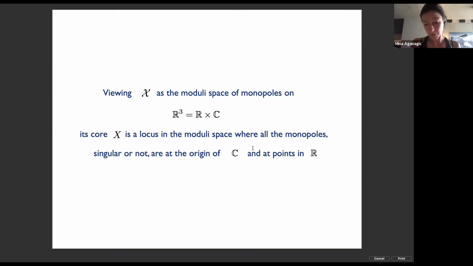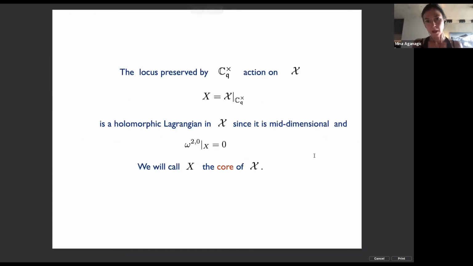The locus preserved by this action, the best way to think about it is as follows. If the X we started out with is the moduli space of monopoles on R3, the locus preserved by the C-star action, the locus we want to work with, is the locus in the moduli space of monopoles where all the monopoles, singular or not, are at the origin of C and at points in R. This locus is a holomorphic Lagrangian in X, which we'll call its core.